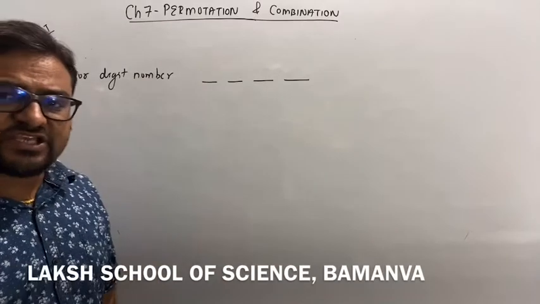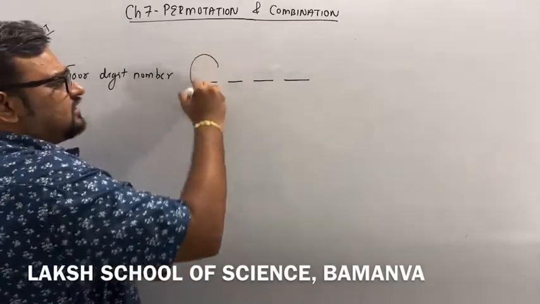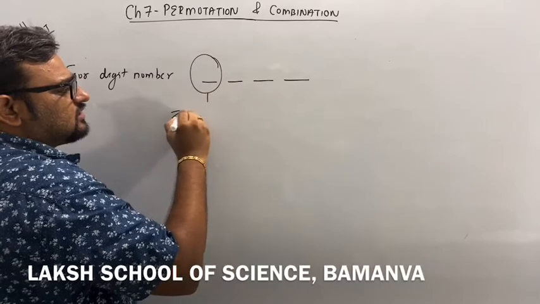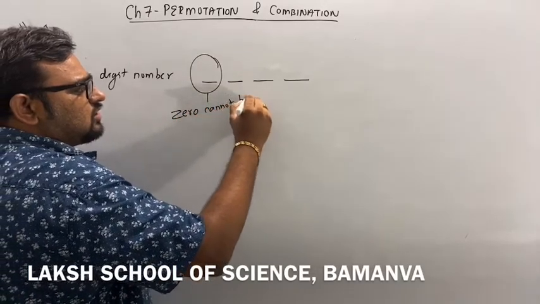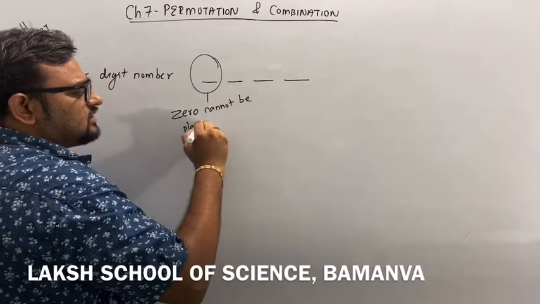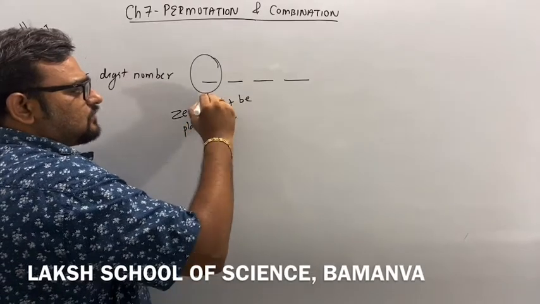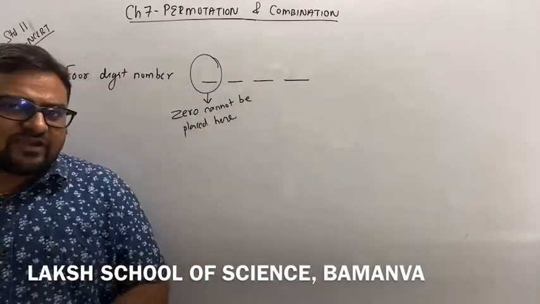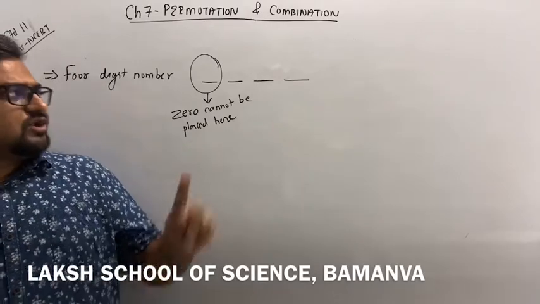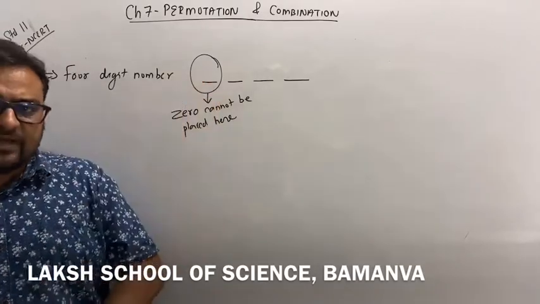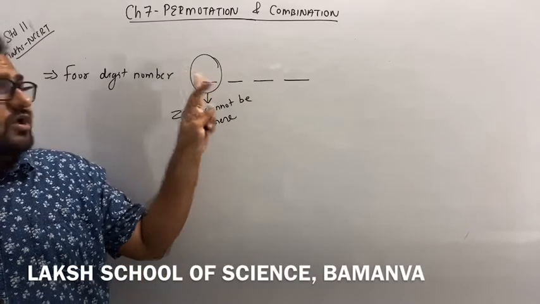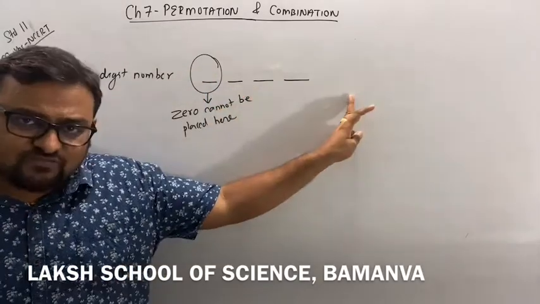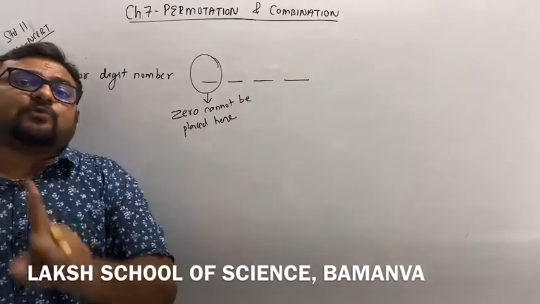What is the condition here? The condition here is 0 cannot be placed here. Whenever there is a 4-digit number, you cannot place 0 here. For a 5-digit number also, at the first place, you cannot put 0. At all the rest of the places, you can put 0.